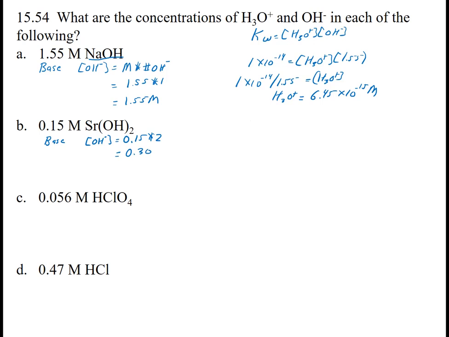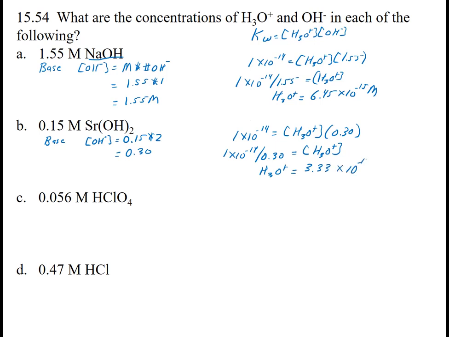I'm going to plug it into that top equation. 1 times 10 to the minus 14th is equal to H3O plus times 0.30. Divide both sides by 0.30, so 1 times 10 to the minus 14th divided by 0.30 is equal to H3O plus. So my H3O plus for this one becomes 3.33 times 10 to the minus 14 molar.